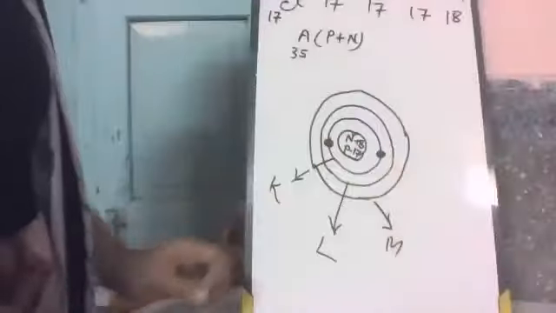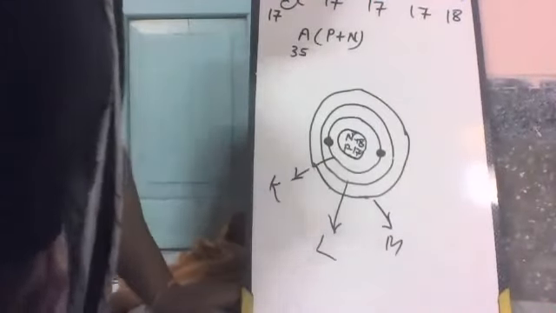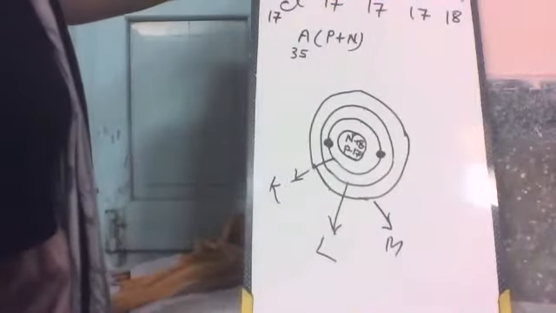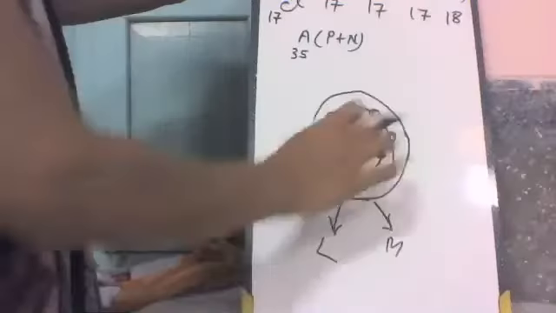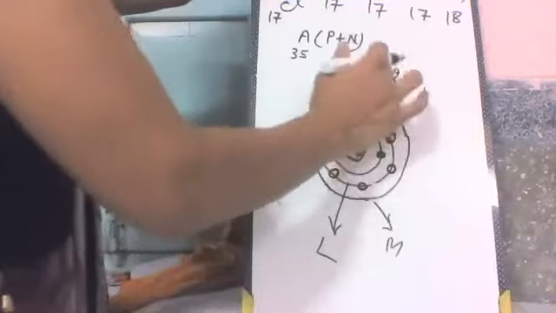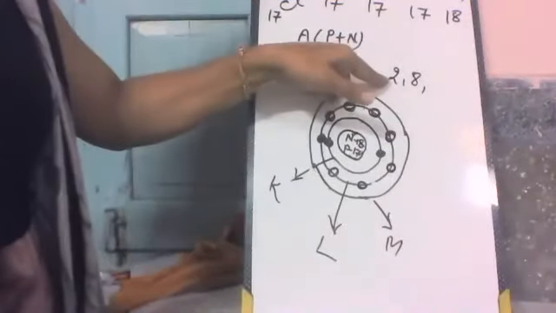How many electrons will be in the second shell? 8. Right answer. There are 8 electrons in the second shell. 2 plus 8, a total of 10 electrons are filled.